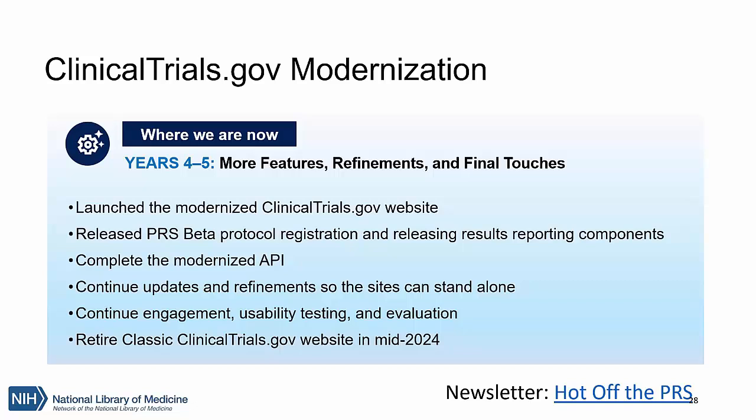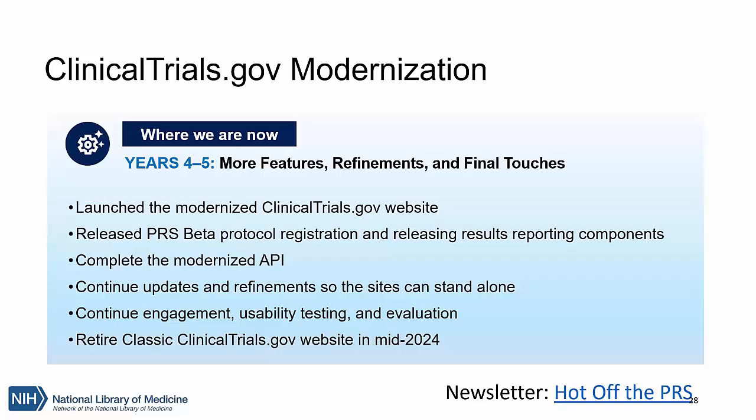In June of last year, the modernized website moved out of beta form, and during this time, it entered a migration period. Up until June 24th of this summer, you were able to toggle between the classic version of the website.